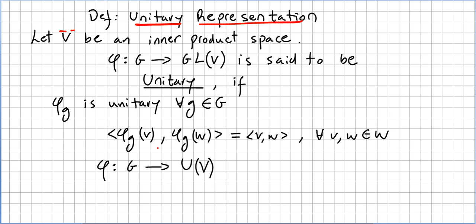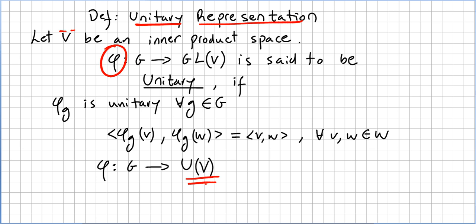So we can say that the inner product of phi(g)(v) with phi(g)(w) equals the inner product of v and w, for all v and w in V. In other words, we can see this phi as if it was a mapping from the group G to the unitary group. Please check the previous video for this unitary group concept.